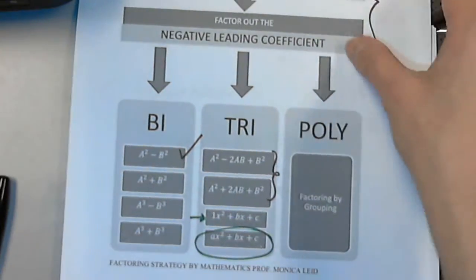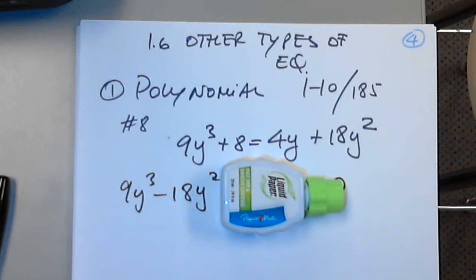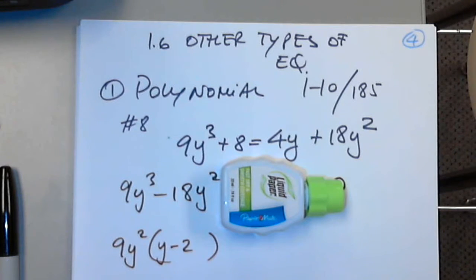So here's how I do it. I look at the first 2 terms and I decide if there is a common factor, pull it out from these 2. Is there a common factor present in both first 2? 9y squared. What is left in parentheses? Y minus 2. Awesome.